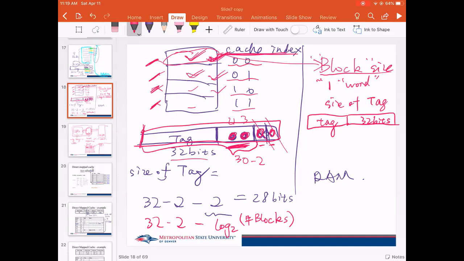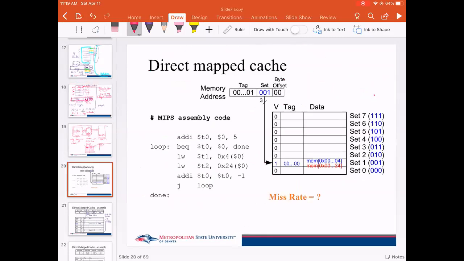So one more example. Suppose we have 8 blocks, and in future we will call each block a set. So it's actually one row inside of your cache. You have many rows. Generally, you can have 8, 4, 2 rows, whatever.